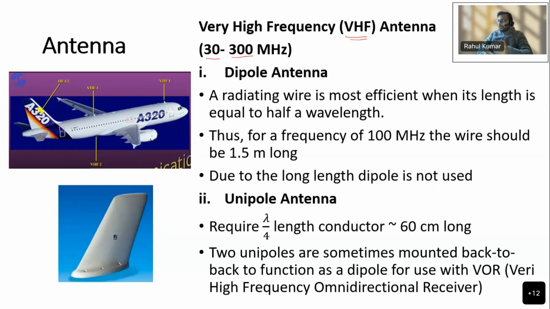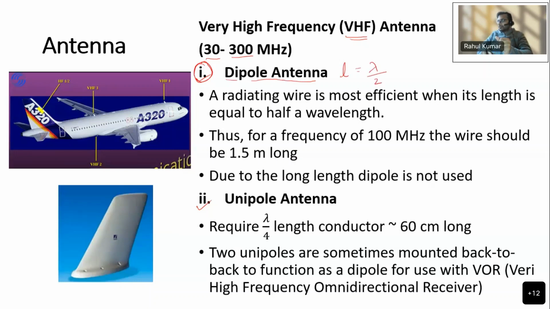For an antenna to radiate in the VHF range, these VHF antennas are of two types. You have the dipole antenna and the unipole antenna. First let us talk about the dipole antenna. In the case of dipole antenna, the length of the wire or the antenna should be equal to half the wavelength.